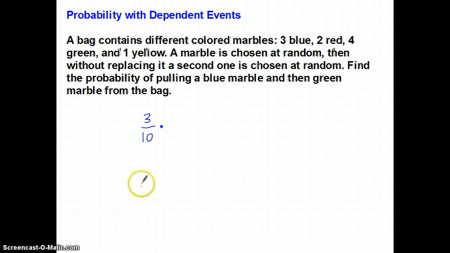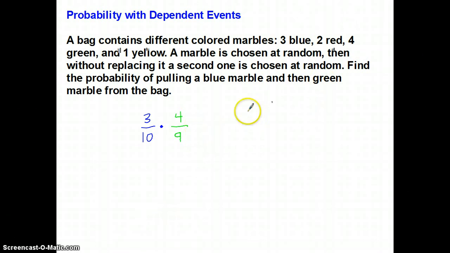The reason why this is a dependent problem is because once we've pulled the blue, there's 1 less marble. And so now we have only 9 marbles in the bag. There's 4 green, so we have a 4 out of 9 chance then of getting a green.